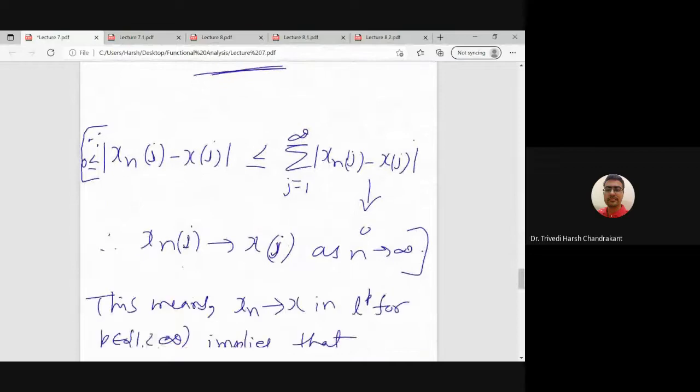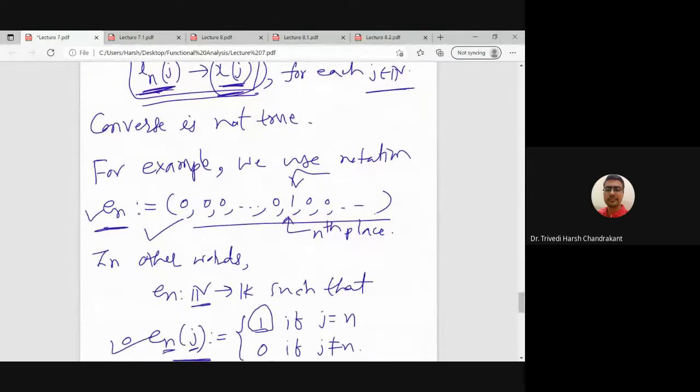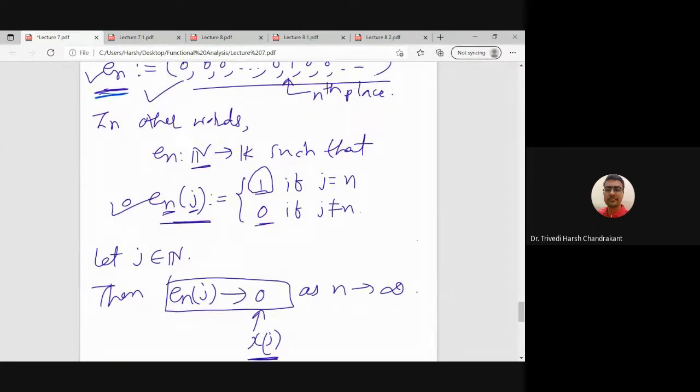And then we have discussed one example of a particular sequence, En, whose nth coordinate is 1 and other coordinates are 0. Those sequences can be considered as a function like in the Dirac notation, right?